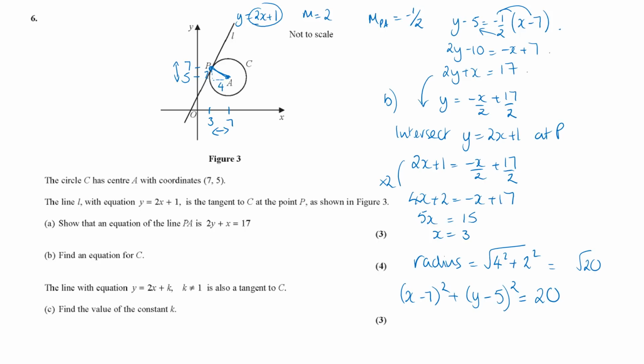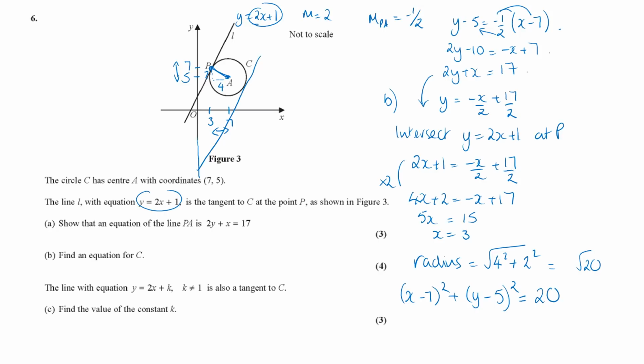Next part, the line with equation y equals 2x plus k, where k is not equal to 1, so not the same as the given line up here, is also tangent. So it must be this line that's going to come down like this, and we need to find the equation of this line.